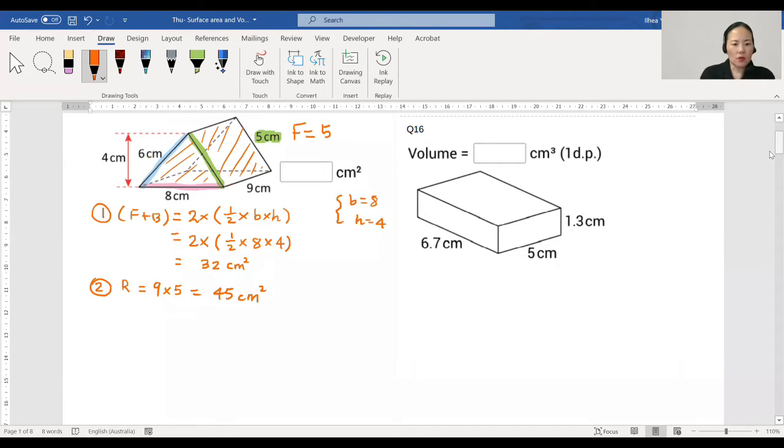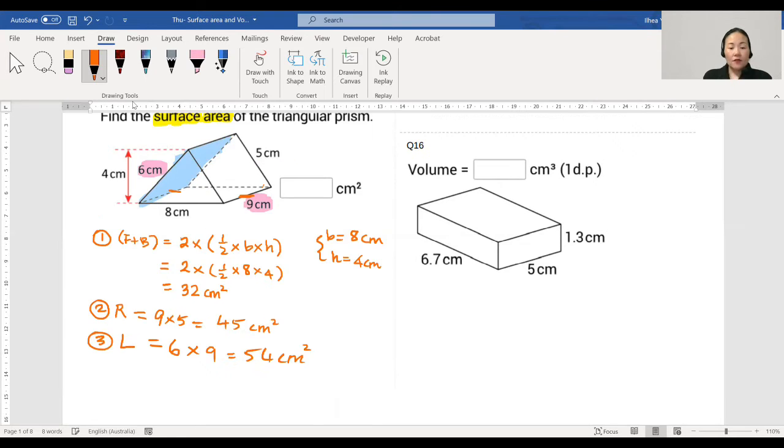Next one, I'm going to go with my left rectangle, which is this one. Okay. What are the measurements for my left rectangle, Grace? 9 and 6. Thank you. That will be? 54. Yep.